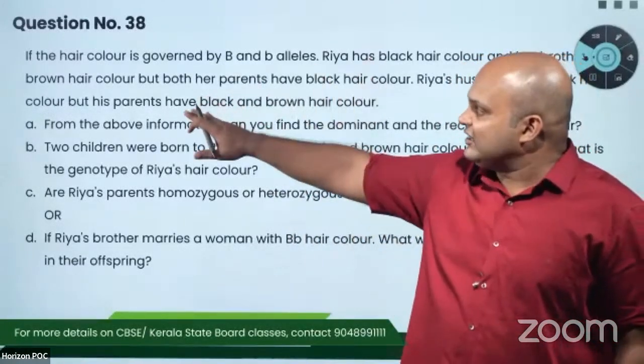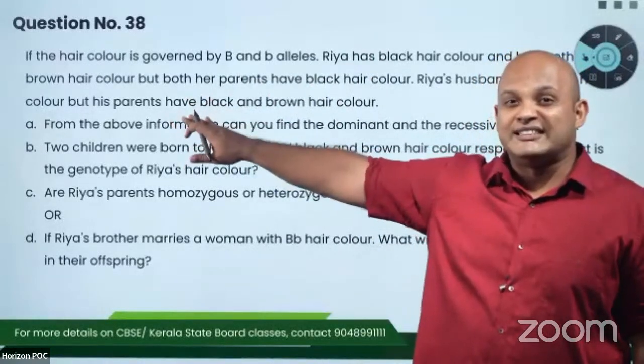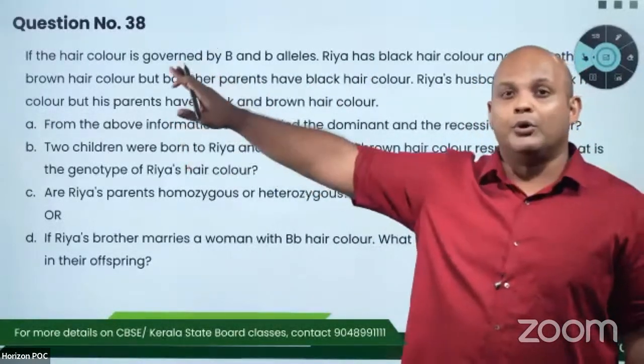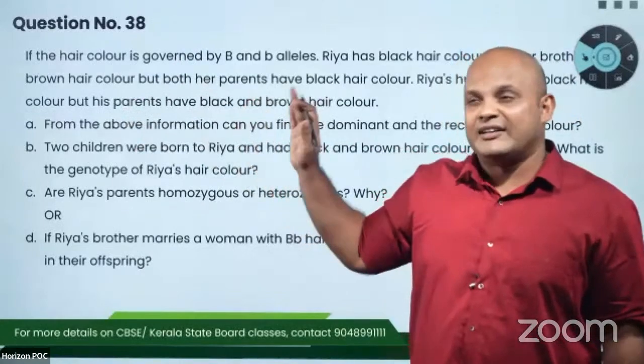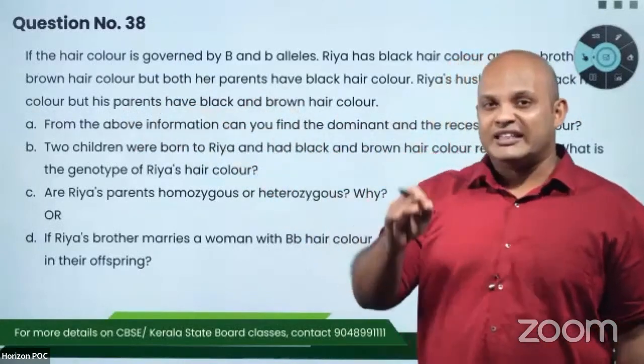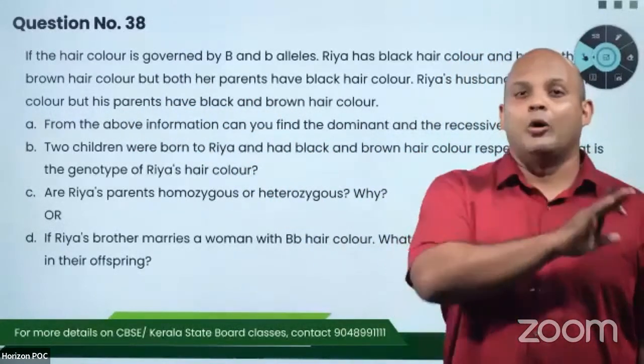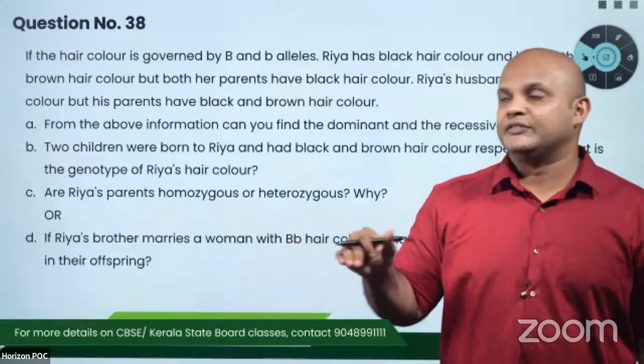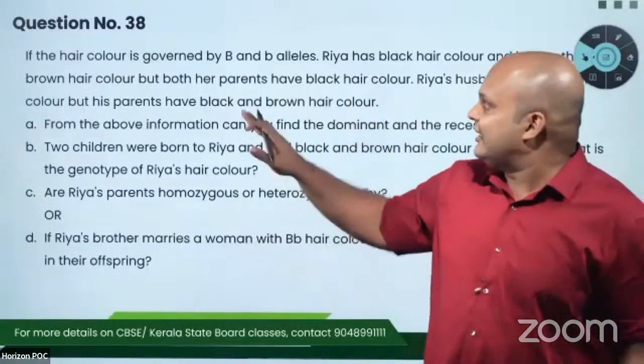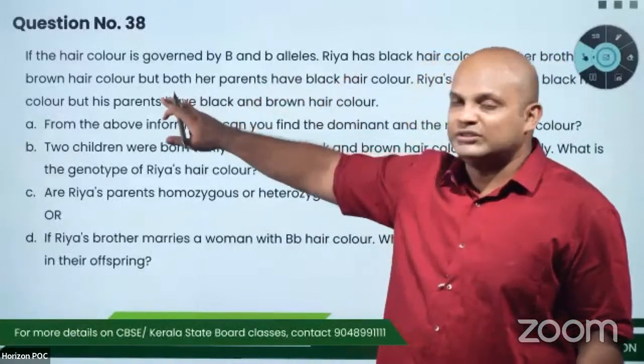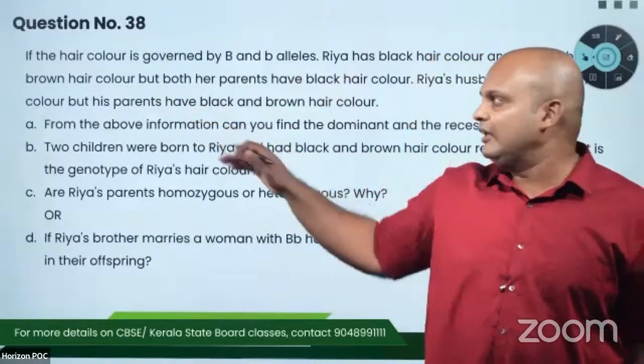So Ria's brother has inherited the recessive brown hair gene from both his father and his mother. That is why he has brown hair. This tells us that black hair is the dominant allele, brown hair is the recessive allele. This also tells us that Ria's brother has both the recessive alleles, small b, small b.